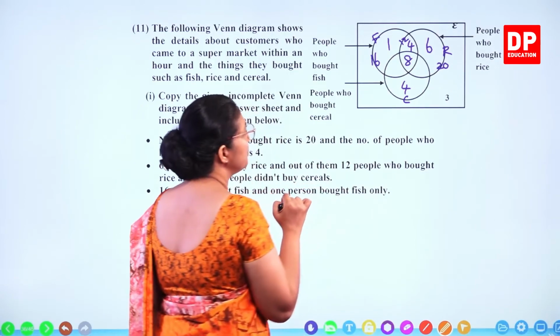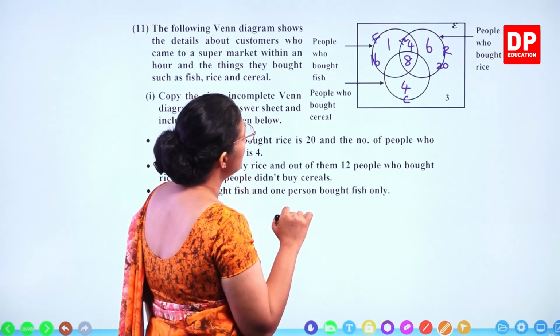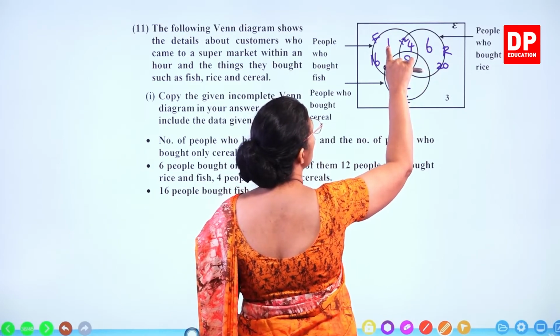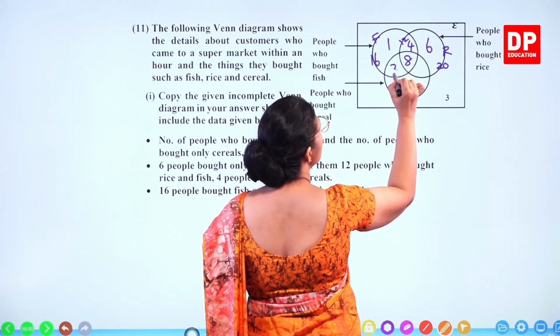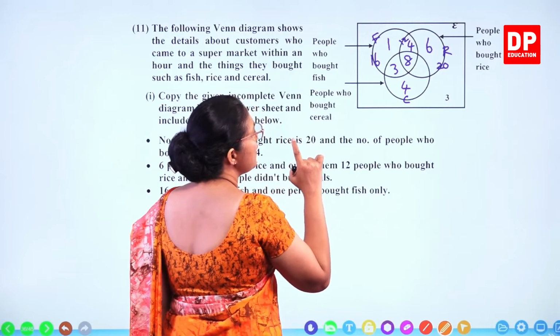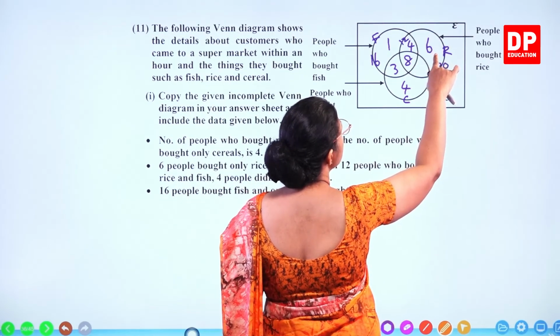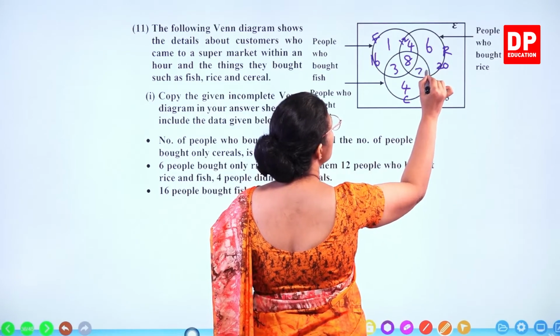This is 1. So we can fill the other parts as well. 8 plus 4, 12. 12 plus 1, 13. So this becomes 3. Then the other one, 8 plus 4, 12. 12 plus 6, 18. So this should be 2.